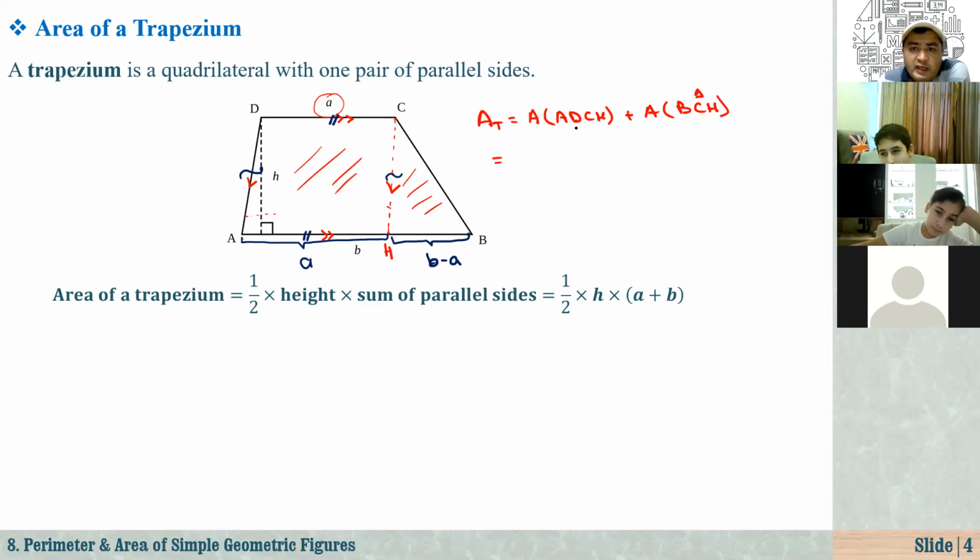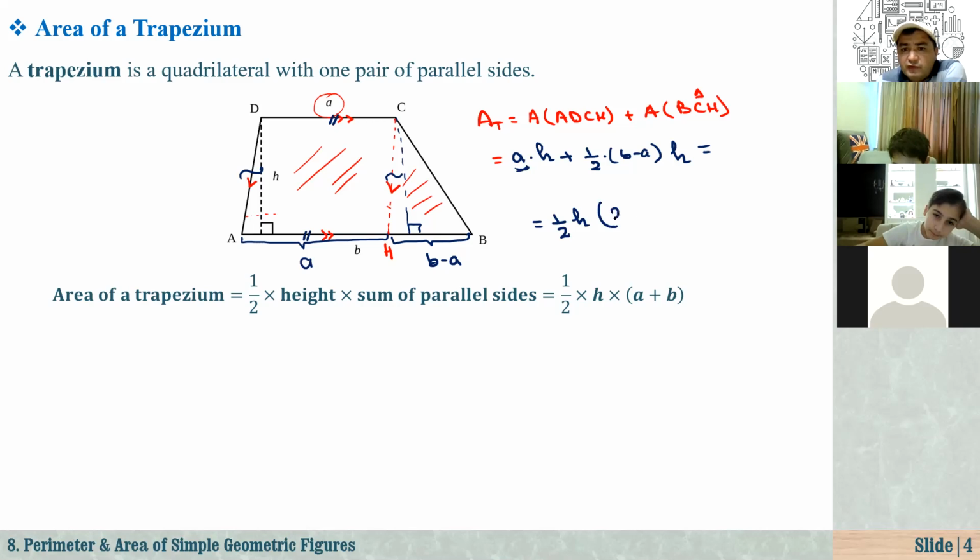Now the area of parallelogram ADCH is equal to base times height, that's just A times H. Plus, how about the area of the triangle? It is 1 over 2 times base, the base is B minus A, times height. The height is also the same, because of the parallel lines, the distance from C to HB is equal to H. Now, if you simplify this, let me take 1 over 2 H out.